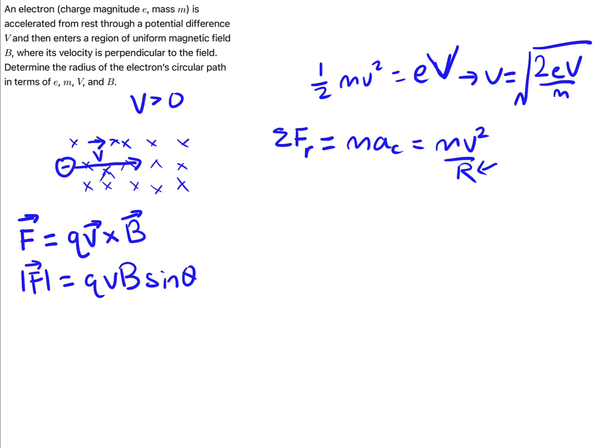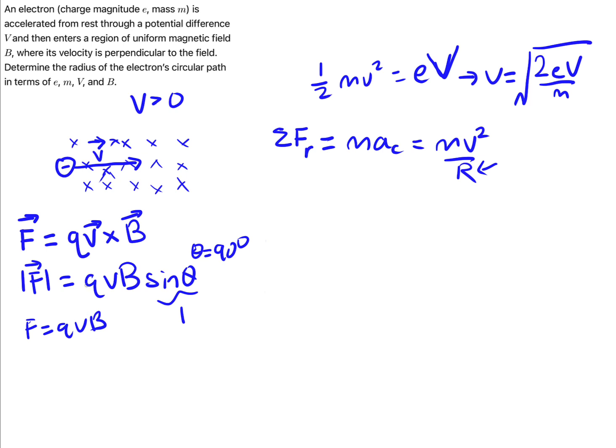And in this case, the magnetic field B is perpendicular to the velocity. So this theta is actually equal to 90 degrees, and sine of 90 is just 1. So we can ignore this factor here and just say that F equals QVB.